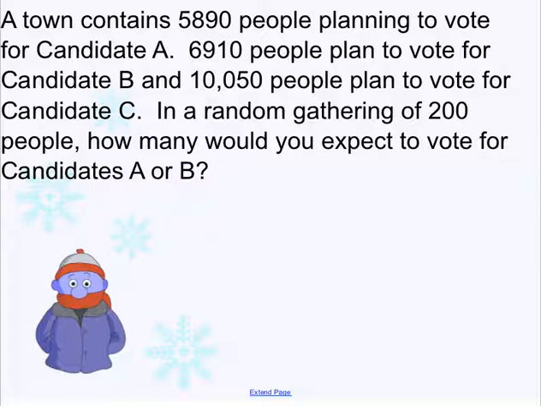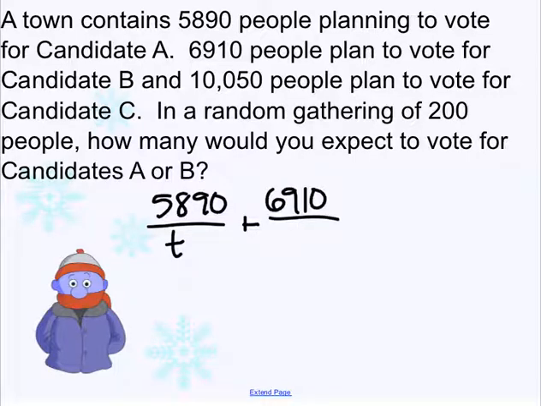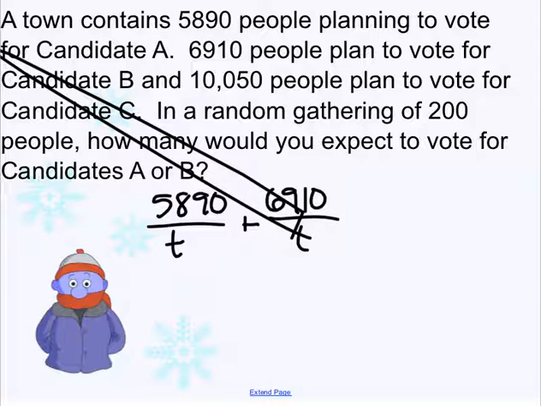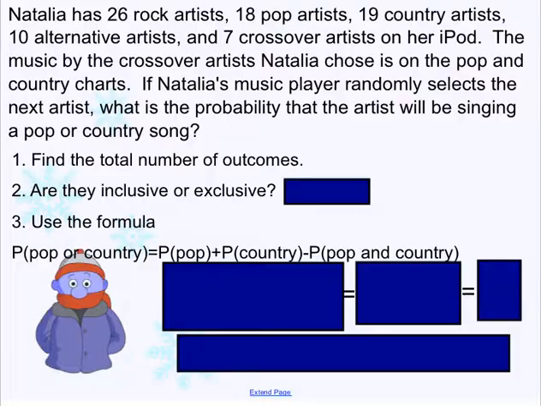So I would say, okay, well, what's the probability of getting A? Well, that's 5,890 over the total plus 6,910 over the total, and then I would reduce. Once I have that probability, I will just multiply that by 200 to find how many people would vote for candidate A or B. Okay.